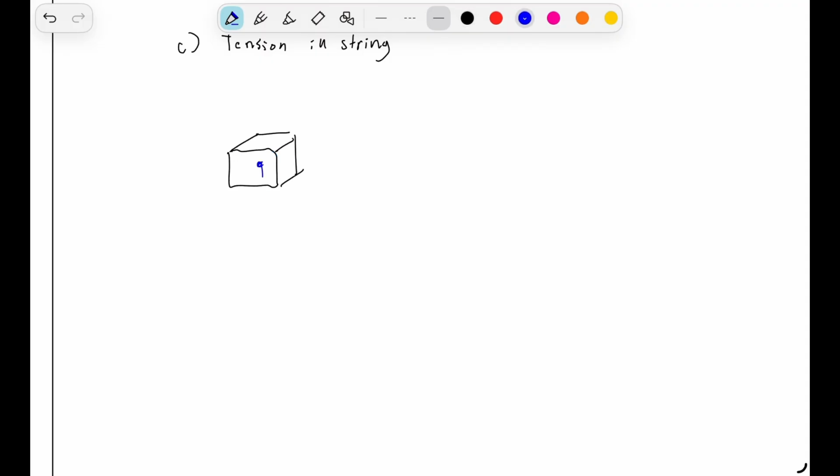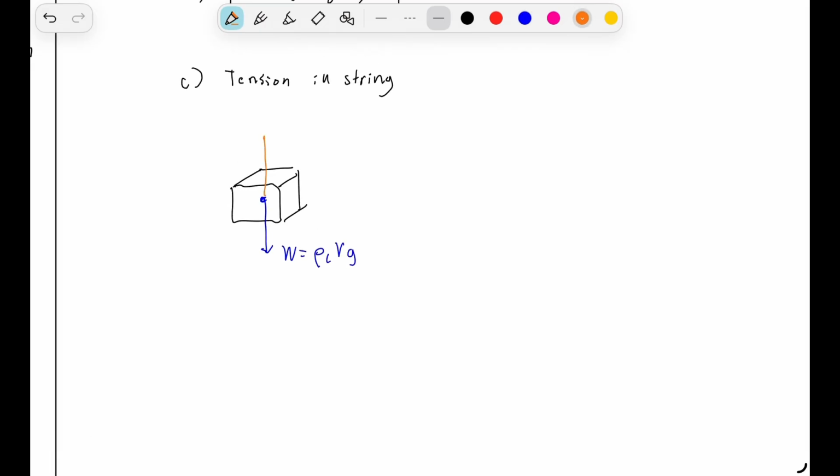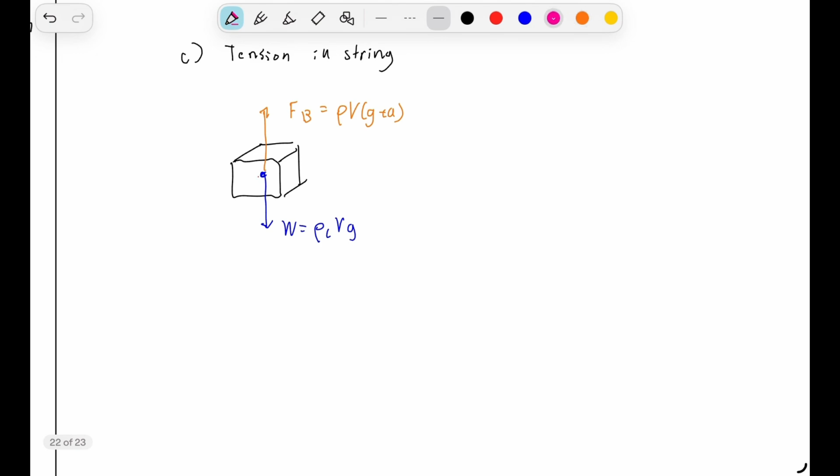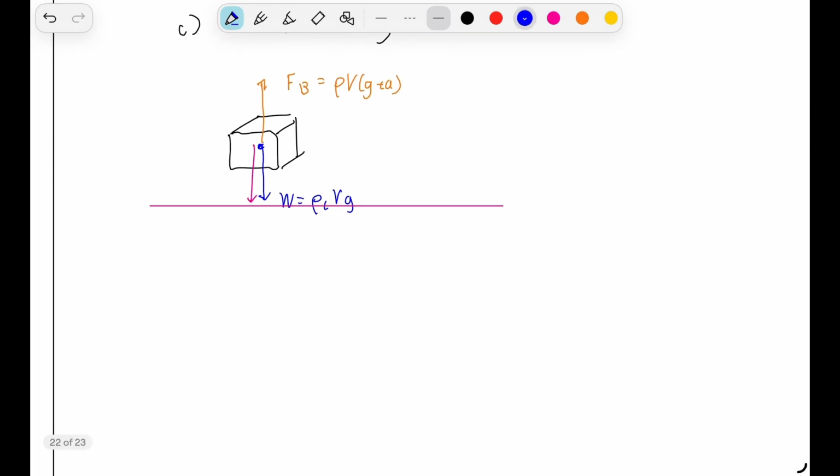At the center of mass, you have a weight that is downwards, which is rho C V G, and then you have a buoyant force that's upwards, which is equal to rho V times G plus A. You also have the tension that's going to be downward, since it's attached to the bottom of the floor. This is the floor, and this is the tension force.